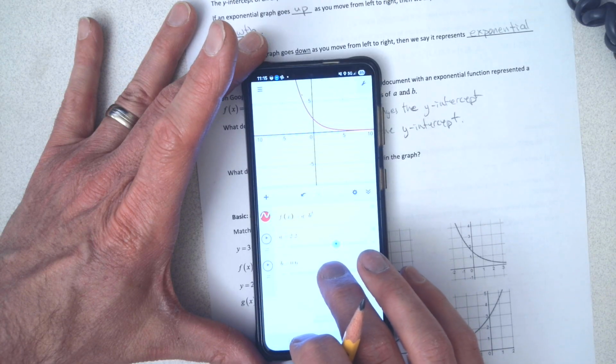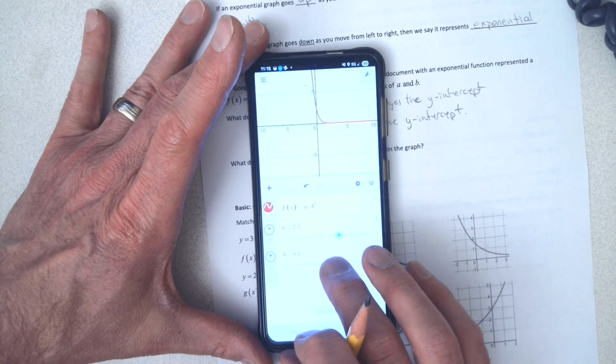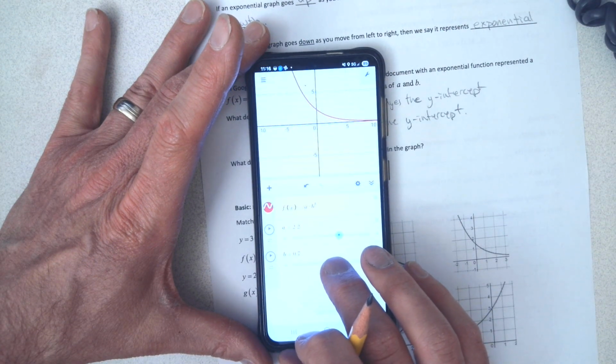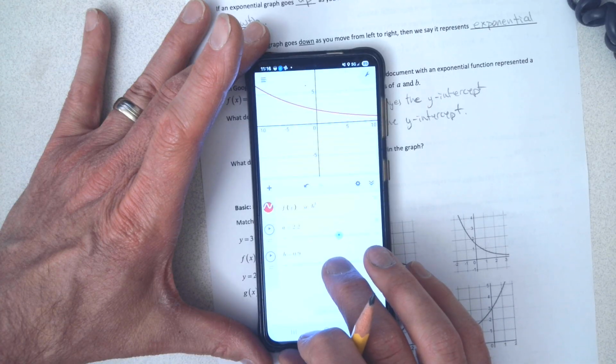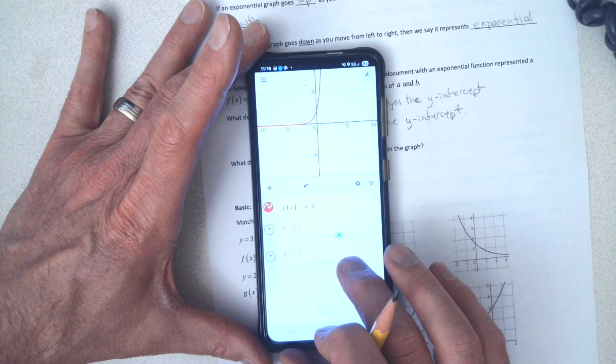If I look at the actual values of b, which don't show up very well with the glare, we would see that these values of b for decay are numbers like 0.1, 0.2, 0.3, 0.4, 0.5, 0.6, 0.7, 0.8, 0.9. 1 is just flat, it's not exponential at all. And then when I get bigger than 1, I get exponential growth and it starts to get really steep.